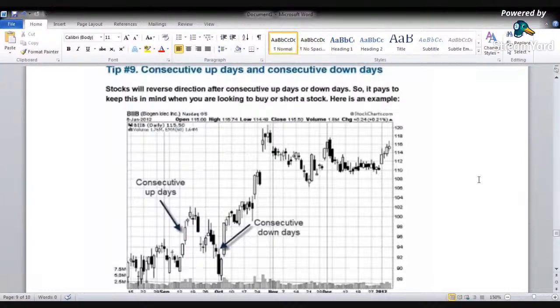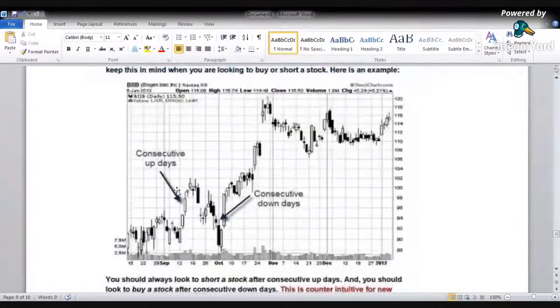So, for example, this is the consecutive up days. So, ilang araw ito? Isa, dalawa, tatlo, 5 days. Okay? So, if a stock ay nag-continue ang pataas, you need to be aware of that because there's a possibility that it will go down. If you see this example here, the stock is going up in consecutive up days. So, wala pong down dyan, no?